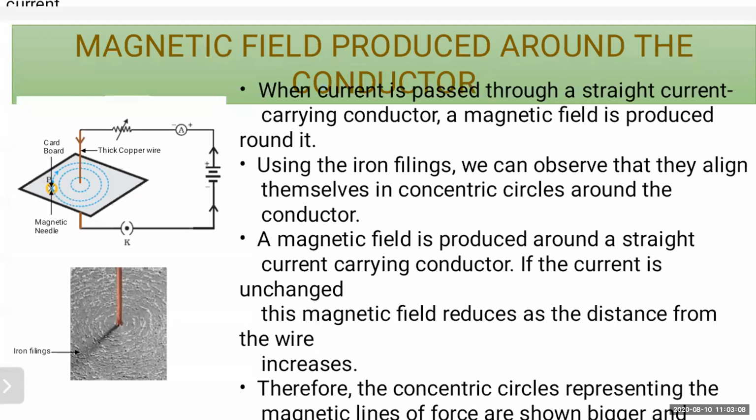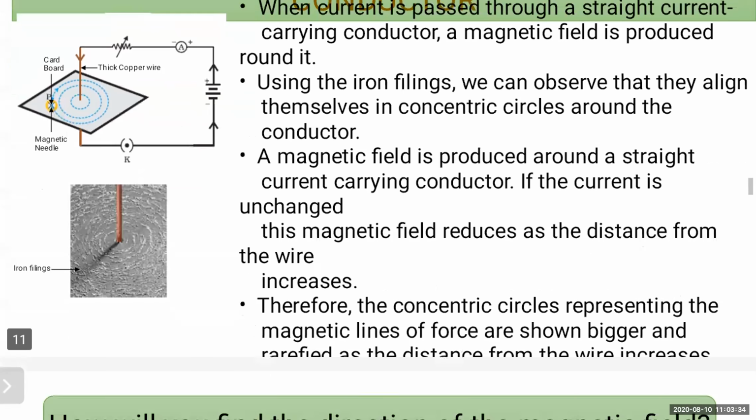And the magnetic field reduces as the distance from the wire increases. If we increase the distance from the wire, the magnetic field will decrease.